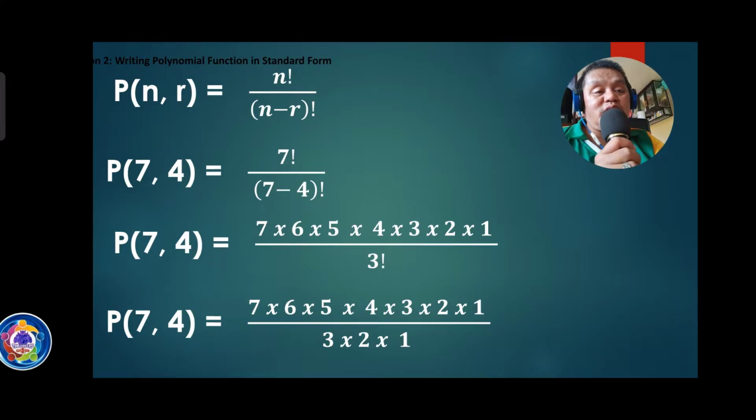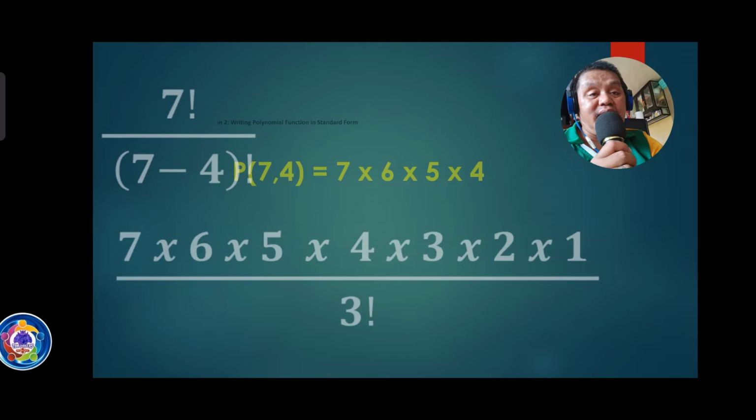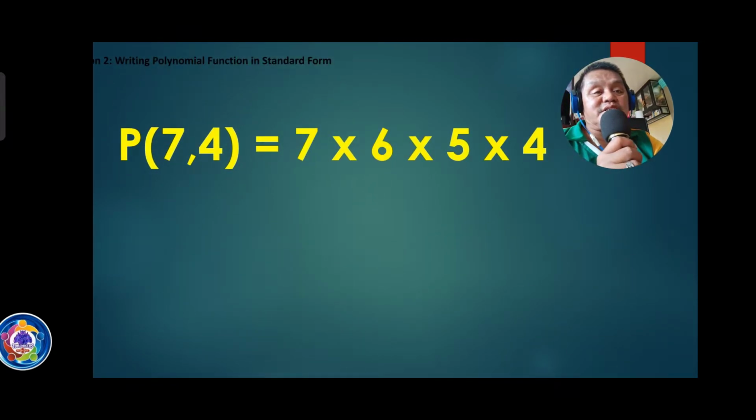In this case, you are going to cancel 3 from the numerator and 3 from the denominator, then 2 times 1 from the numerator and the denominator. So what remains is only 7 times 6 times 5 times 4.